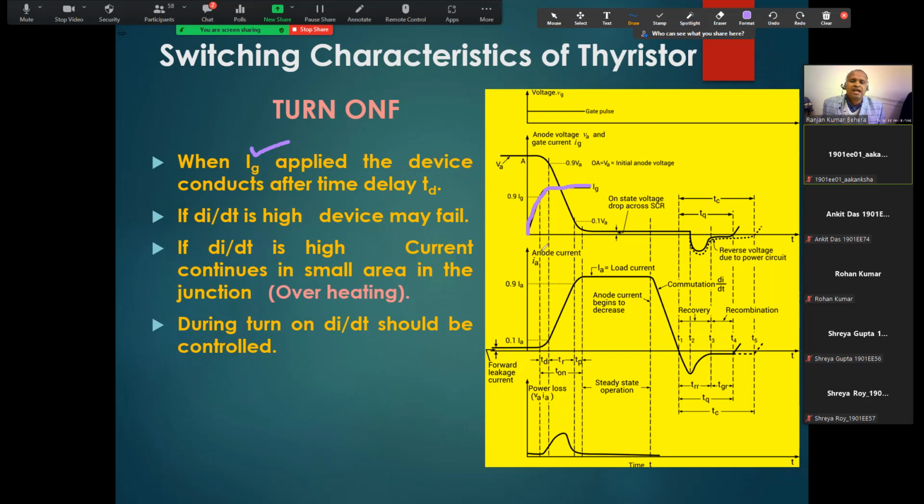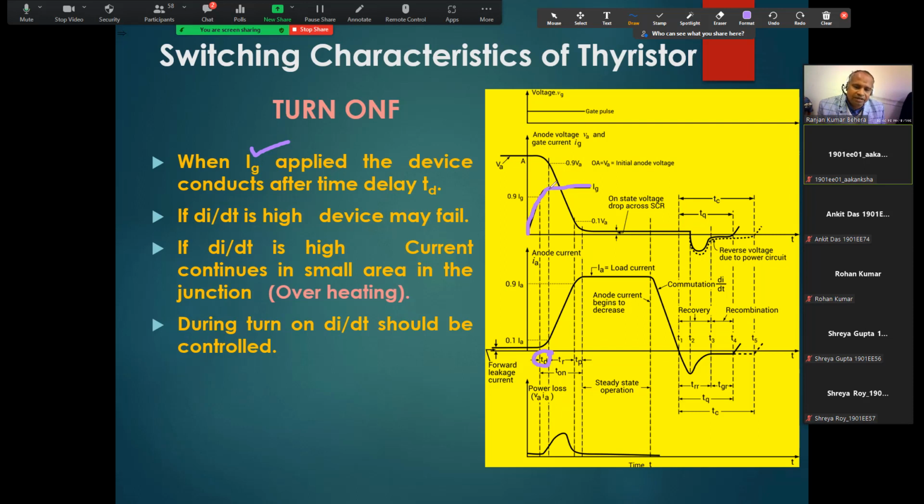You can see here I have applied Ig, and at 90% of the rated gate current, which you will find in the manufacturer's data sheet, there is a time delay. During the time delay, the current will start building up.